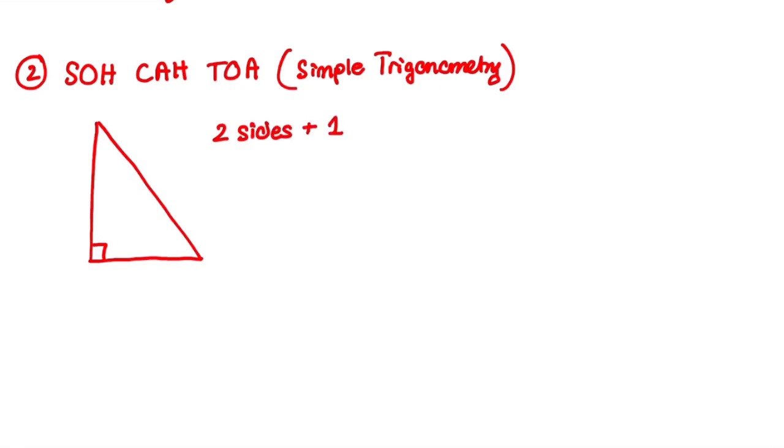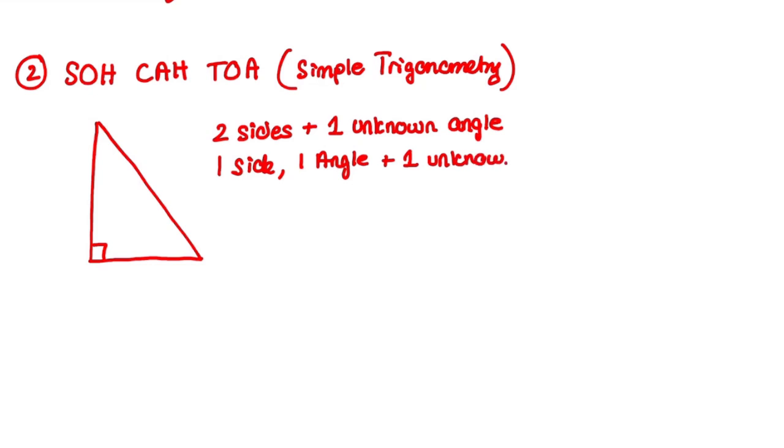and one unknown angle, or you will be given one side, one angle, and one unknown side. So those are the possibilities that you could be given.